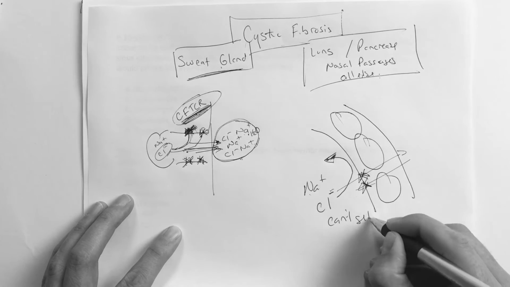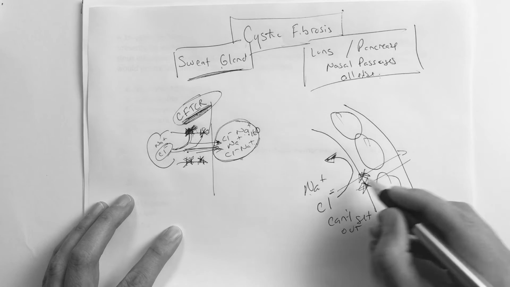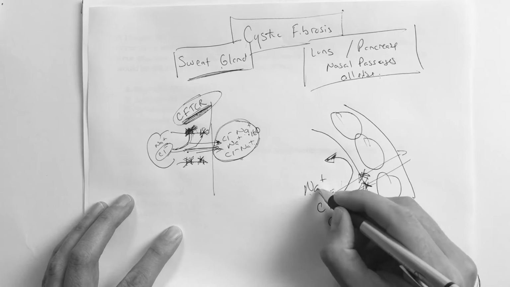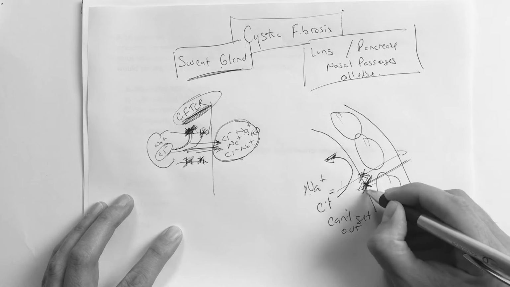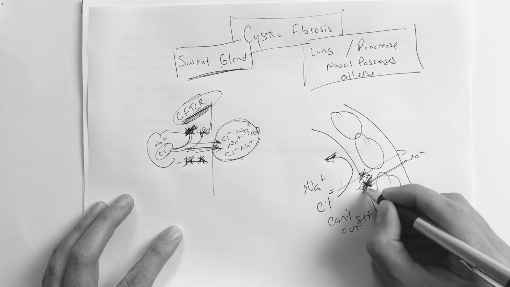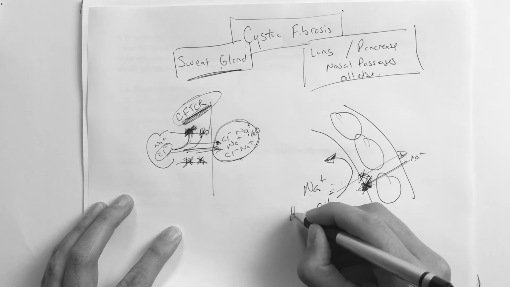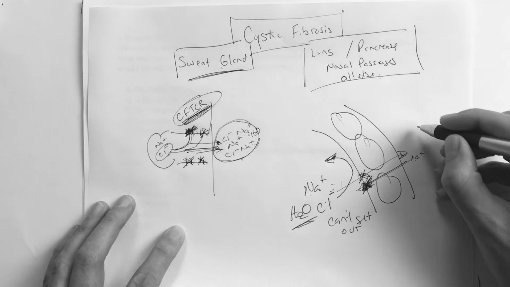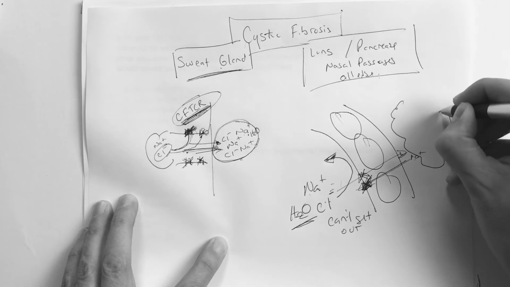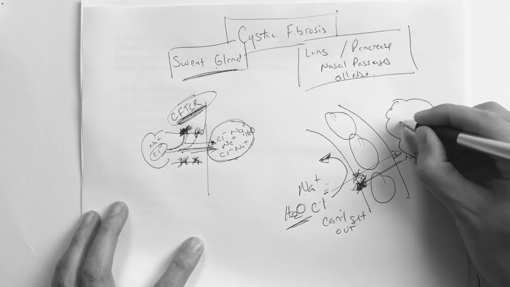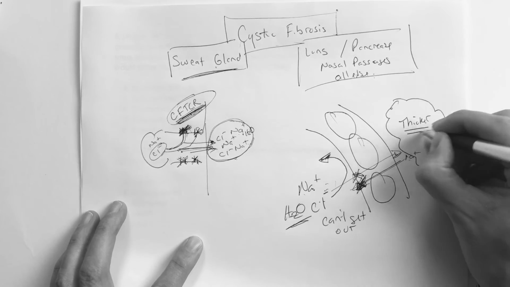And if it can't get out, then the sodium stays with it. And then this other channel allows sodium to swing back in. And where sodium goes, the water follows, so you get more of this here. So what do you think the fluid on the outside is going to be? It is going to be thicker.